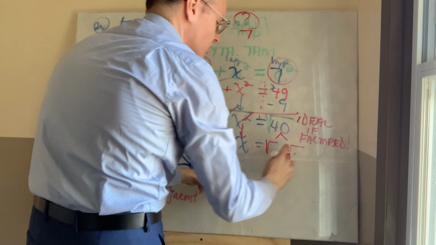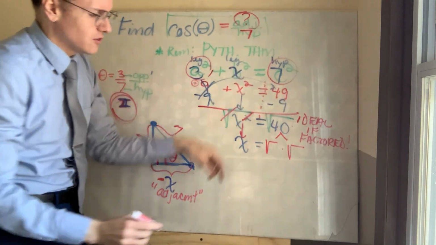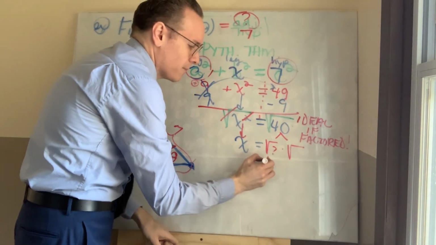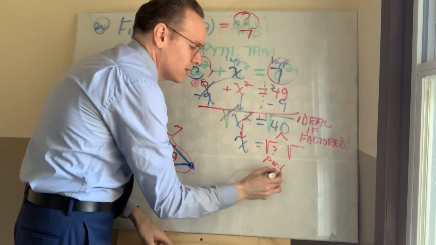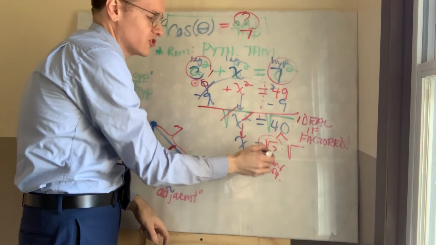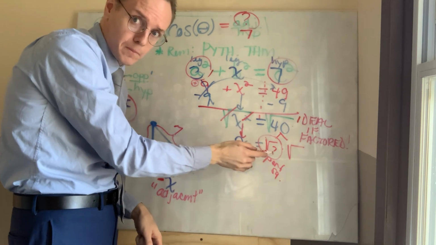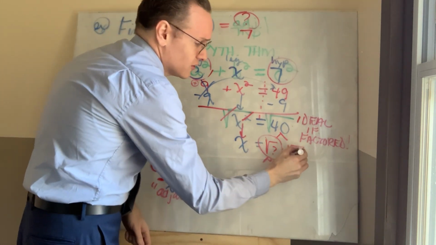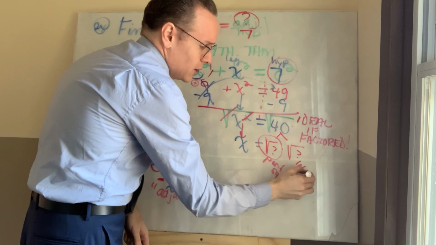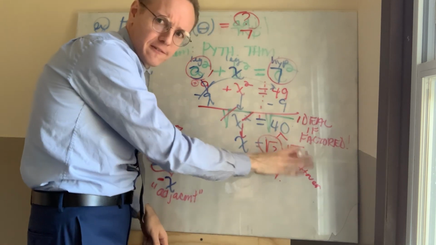What you want to do strategically is factor this into something that is a perfect square, because if it is a perfect square, it will escape the radical. Right? And ideally it's the highest perfect square, and then maybe something that is just left over that would be impractical to factor further.